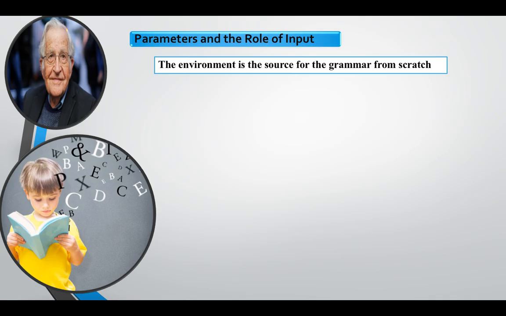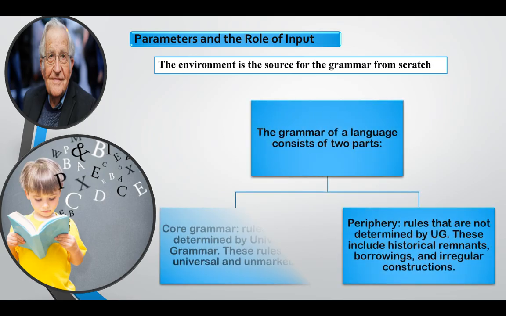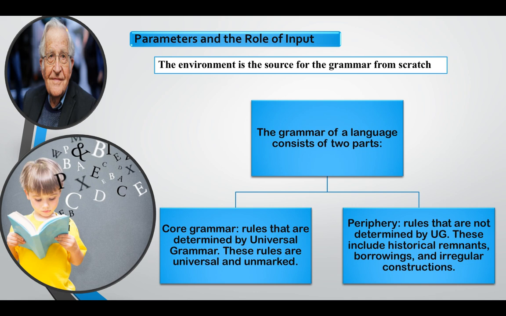Let's move to talk about the parameters and the role of input. So the environment for Noam Chomsky is not the source for grammar from scratch. Universal grammar doesn't give learners ready-made rules. Instead, it provides parameters, which are options that must be set based on the linguistic input.